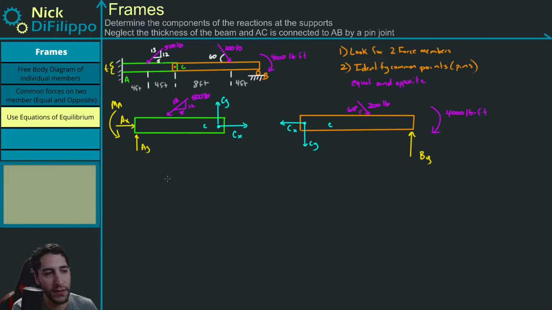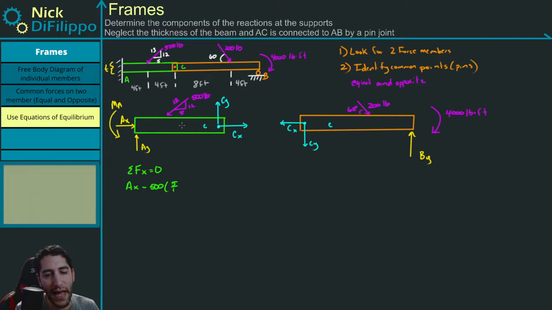So I'm going to just start out by using this member AC and using the sum of the forces in the x is equal to 0. In this equation, I have AX from right here. I'm going to have minus 500 times this 5 over 13.